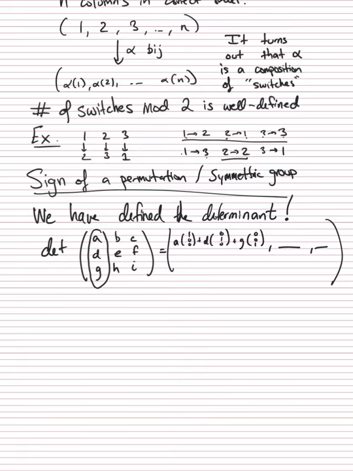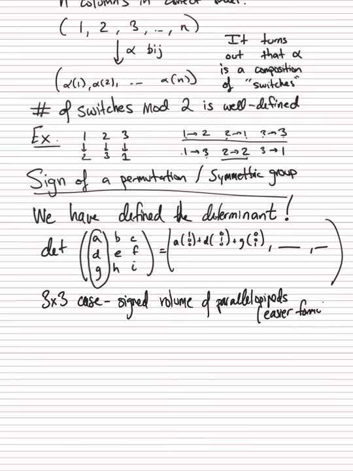So of course we lose the nice geometric intuition that we had in the 2x2 case. Now it so happens that in the 3x3 case, as I mentioned, you can look at signed volume of parallelepipeds. Okay, and there are also easier formulas for the determinant of a 3x3 matrix, which you can easily find.